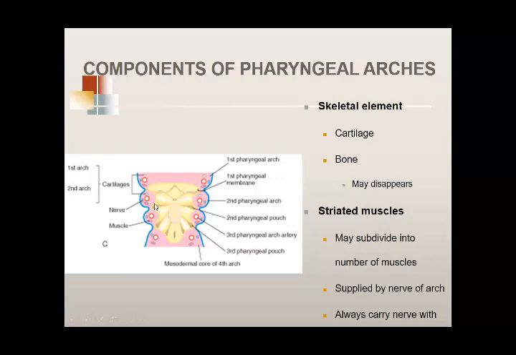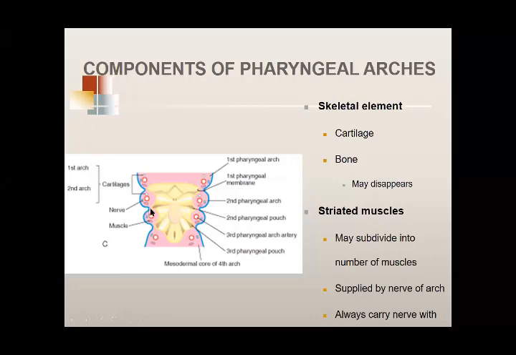Okay? So as the grooves and the pouches deepen, they approach each other, so that they come in contact with each other. So ectoderm of the groove comes in contact with the endoderm of the pouch with very little mesenchyme in between, very little loose mesenchyme in between.